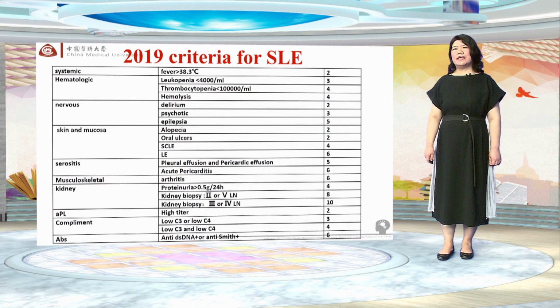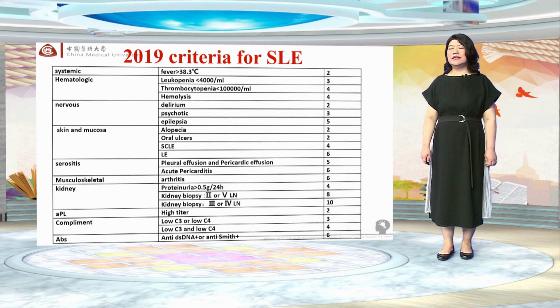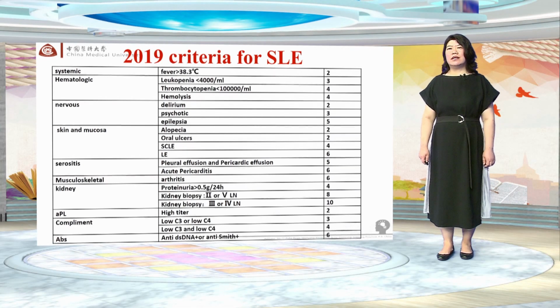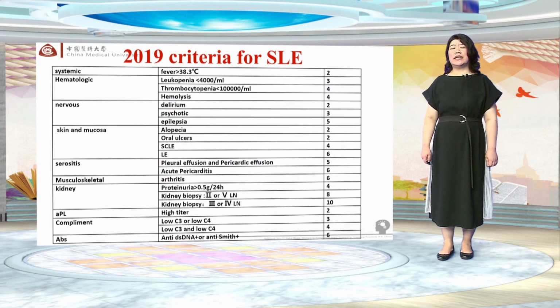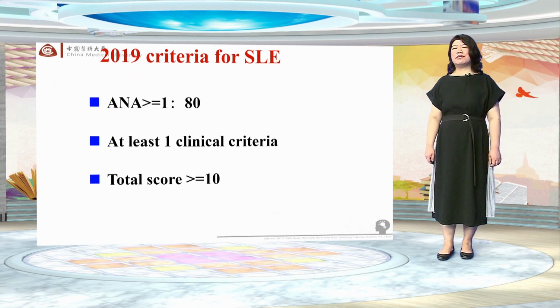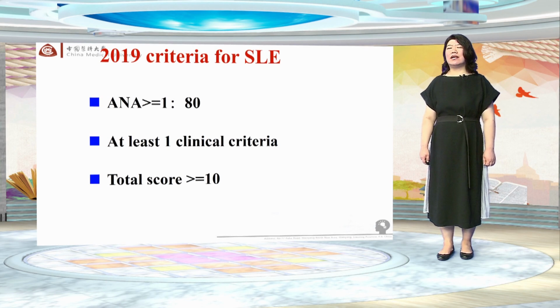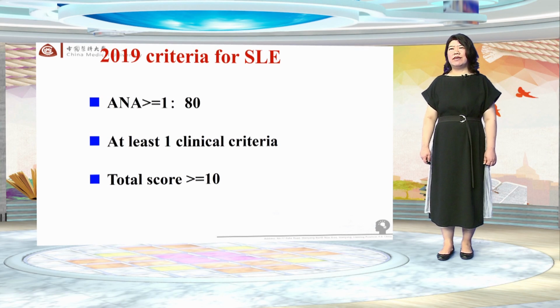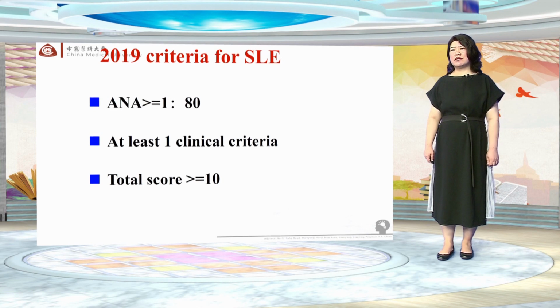This criteria makes a diagnosis according to a score. It divides the patient's clinical manifestations and laboratory tests, and each item gets a different score. If the patient's total score is higher than or equal to 10, we can diagnose lupus.